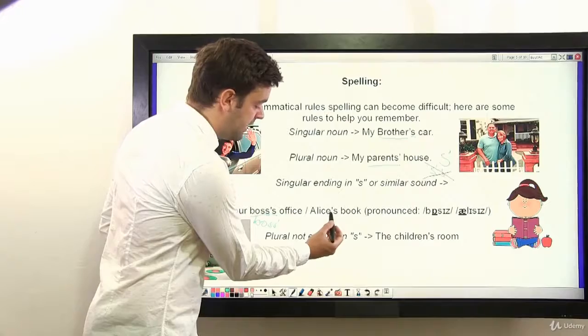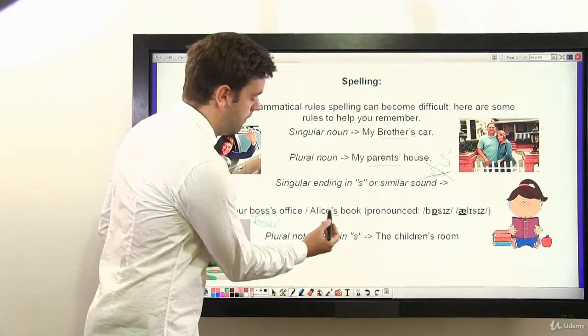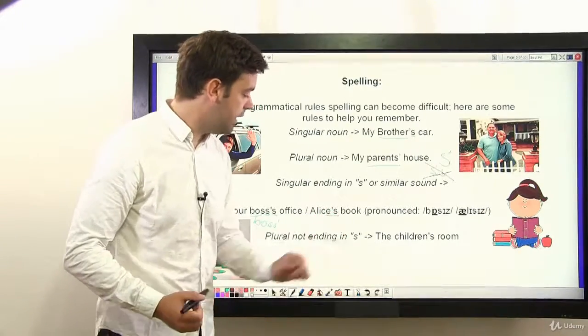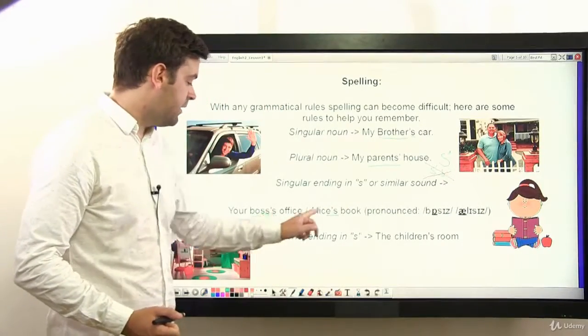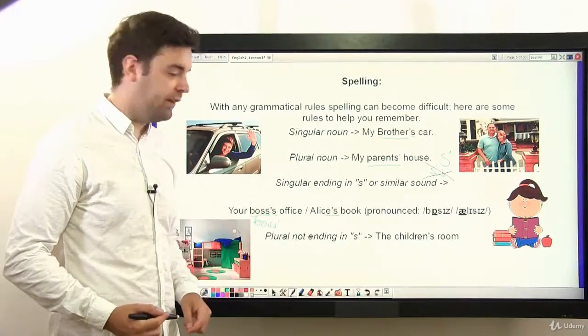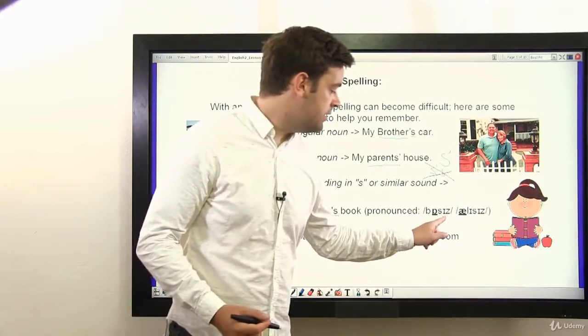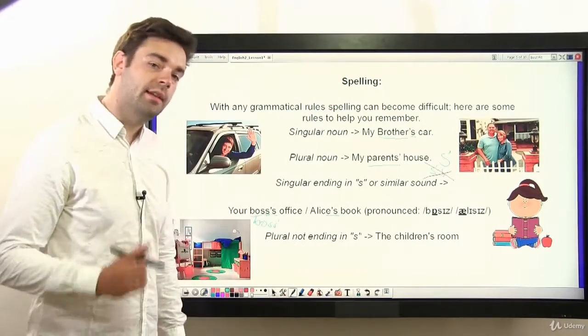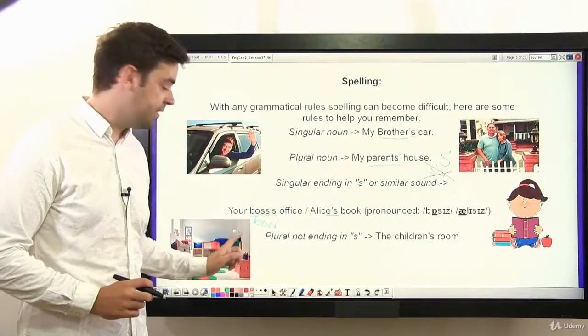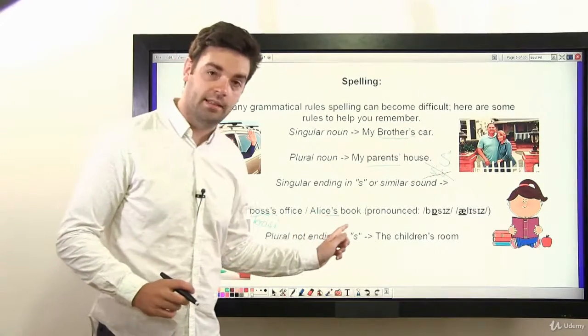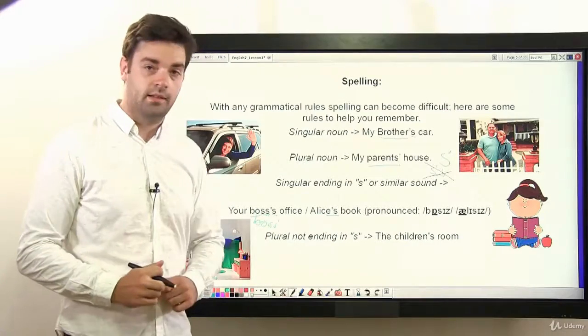Alice has an s sound at the end, but it has an e, so you just put an apostrophe s. And if you have an s sound with an apostrophe s, you get a z sound. So listen to me, okay? Boss's, boss's, Alice's, Alice's.